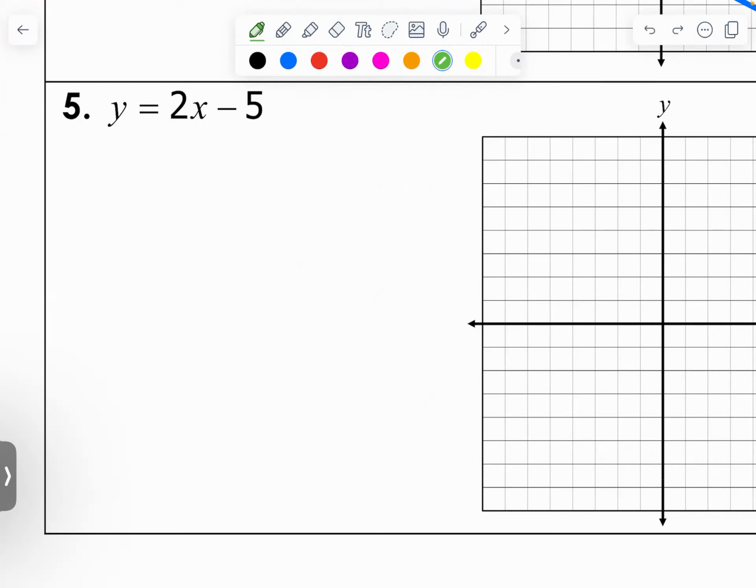And then rise 2, run 1. Remember, 2 is a fraction if you put it over 1. And backwards, yes. If you ever need that, like if you run out of room and you have to go backwards instead. That's good. Very good. Perfect.